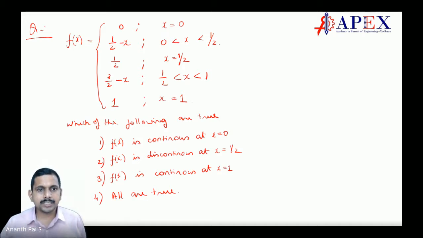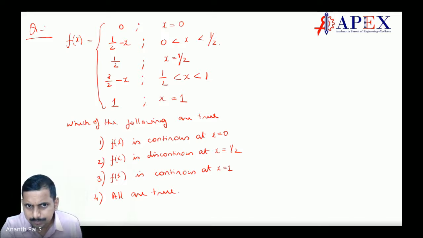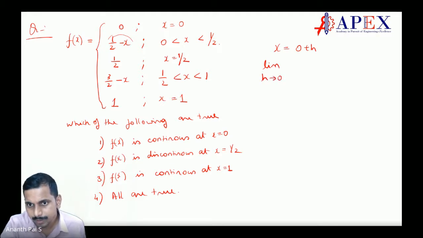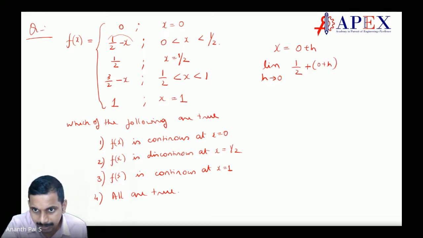So first of all, x is equal to 0, we will see. Is it continuous? Let us check it out. Let us take x is equal to 0 plus h. What would be the value? So we will take limit h tending to 0 of half minus 0 plus h, correct? So what is the value coming?